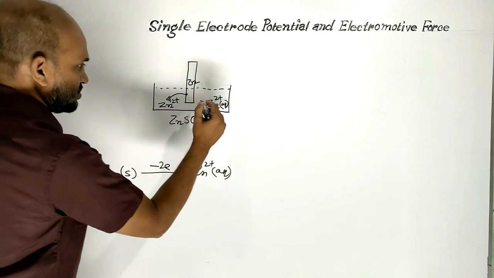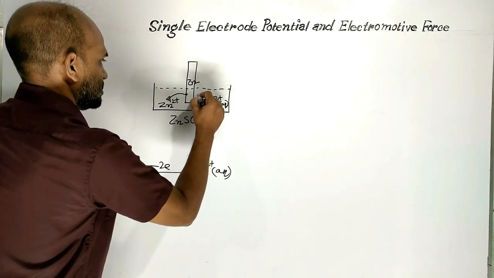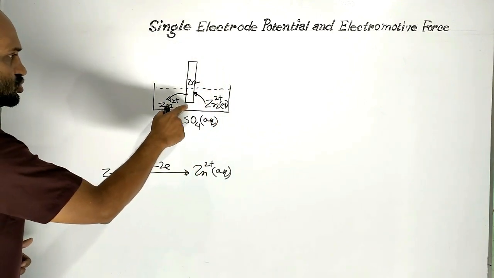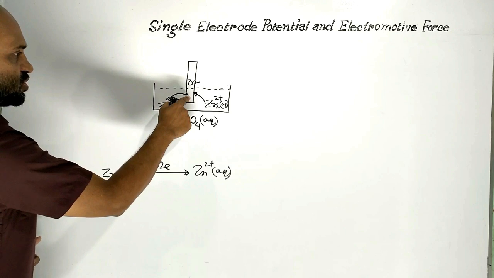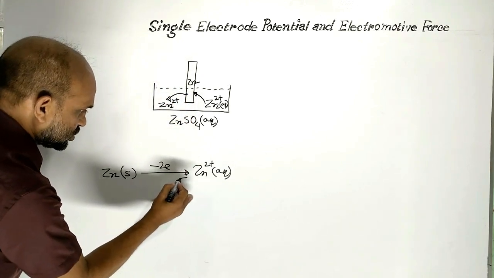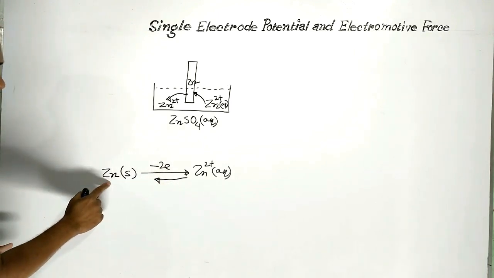At the same time, zinc ions from the solution migrate to the metallic strip of zinc and change to zinc atoms.